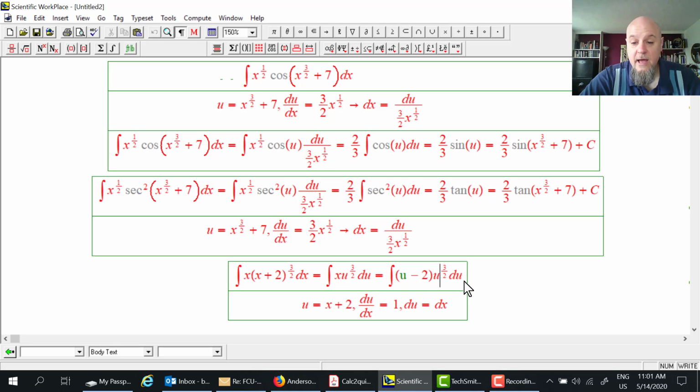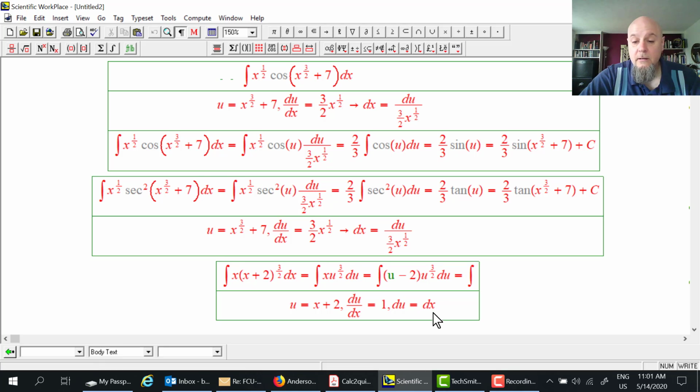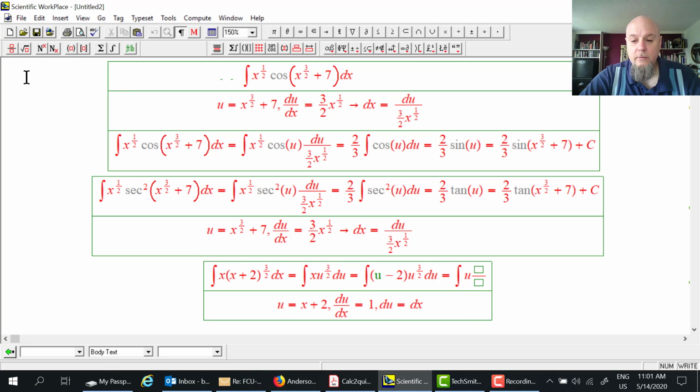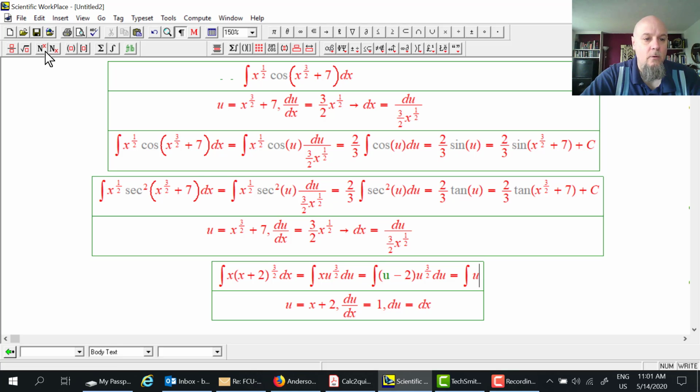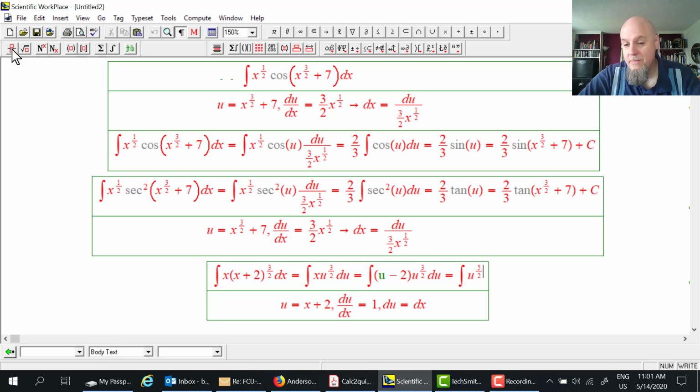Can I integrate that? Yeah, let's multiply this out. So that's going to be integrate u to the 1 times u to the 3/2, add exponents. That's going to be u to the power of 5/2. That I can integrate.